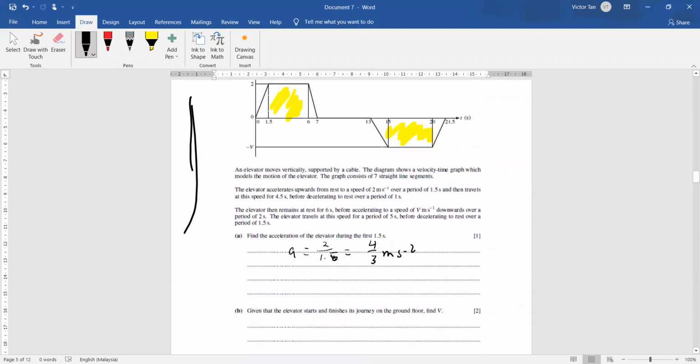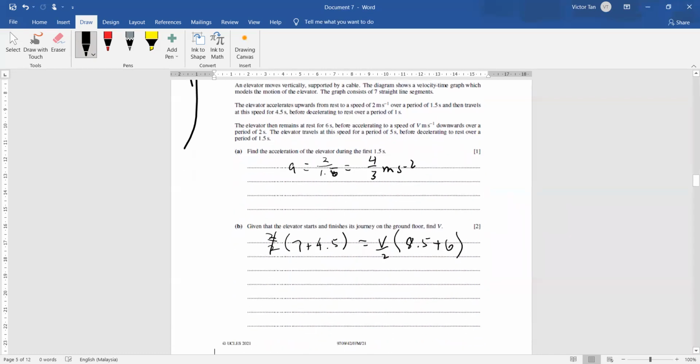So area, it's a trapezium, height 2 over 2, 7 plus 4.5, equals V over 2, 8.5 plus 6. V equals 2 times 11.5 over 4.